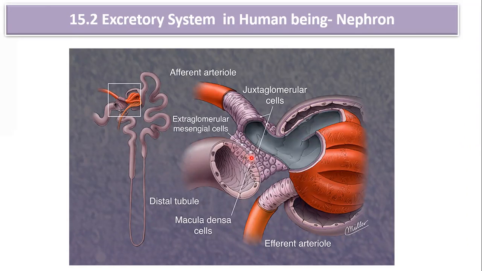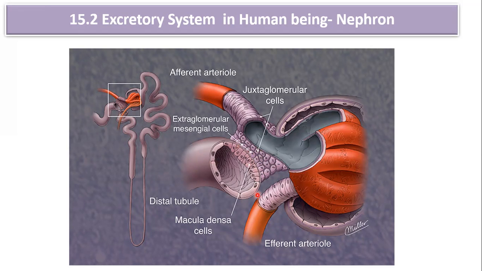Again, I am going to repeat, pay attention. The afferent arteriole has smooth muscle cells in the wall. These smooth muscle cells are modified, their sarcoplasm becomes granular. Now these cells are known as juxtaglomerular cells. Sometimes the DCT makes contact with the glomerulus.